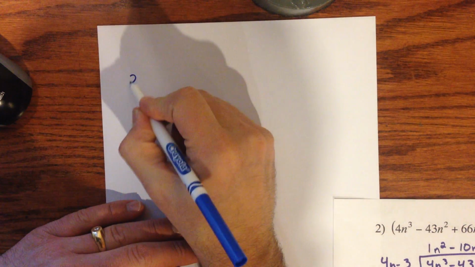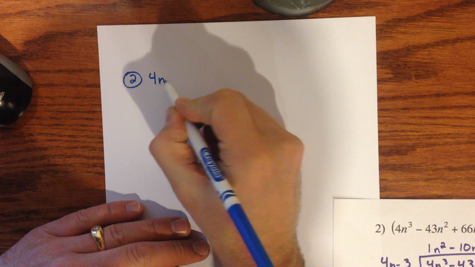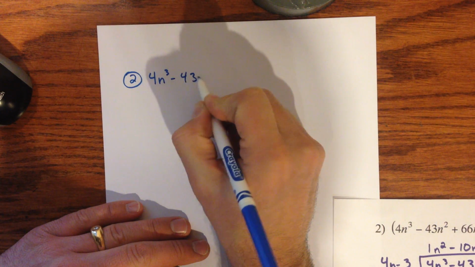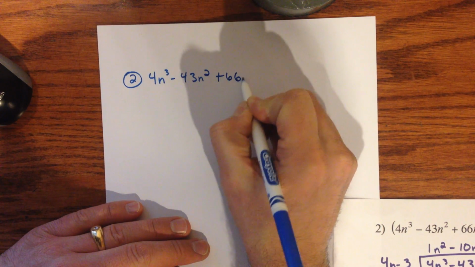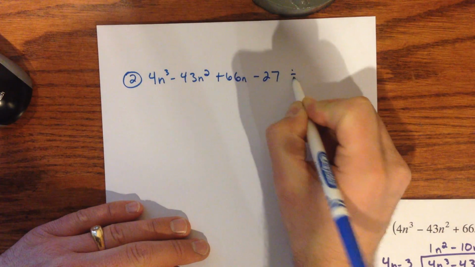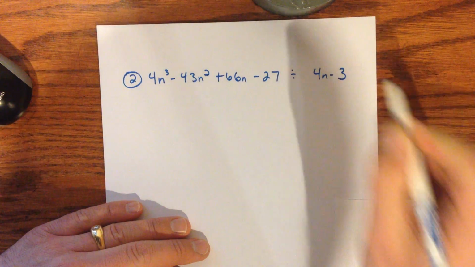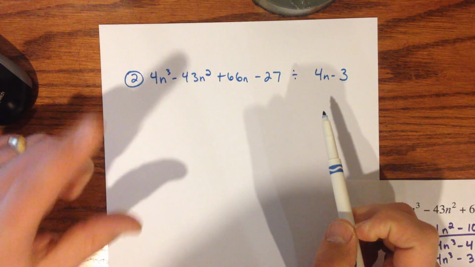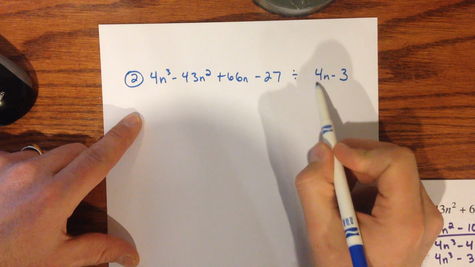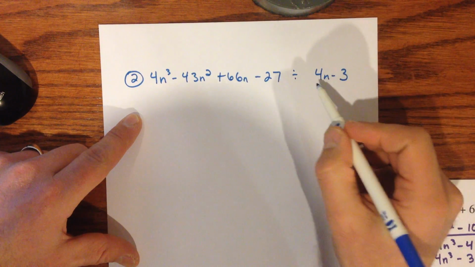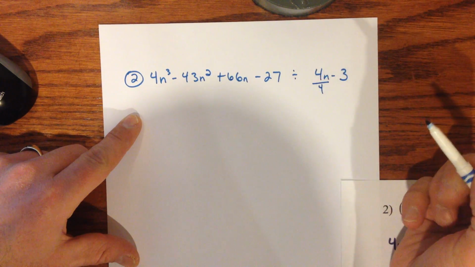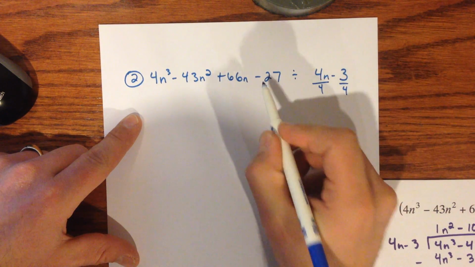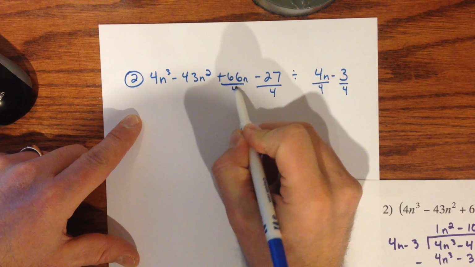Let me show you another one. All right, number 2. Again, what do I divide by? I need to get this to be 1n, basically. So I have to divide that by 4, and if I divide that by 4, I have to divide everything by 4.